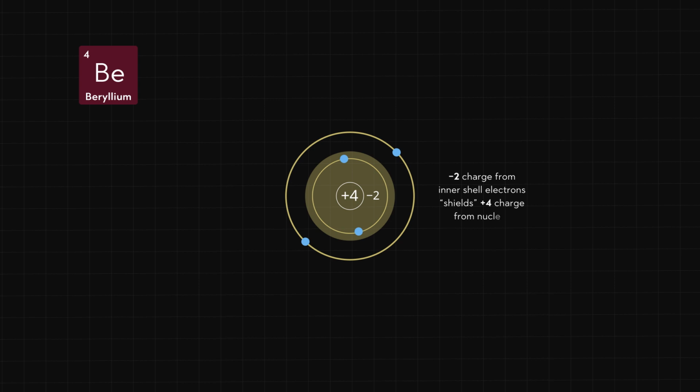This results in an effective nuclear charge, or Z effective, experienced by the outer electrons of +4 - 2, giving +2. Beryllium has an ionization energy of 900 kilojoules per mole. We'll use this as a reference point.